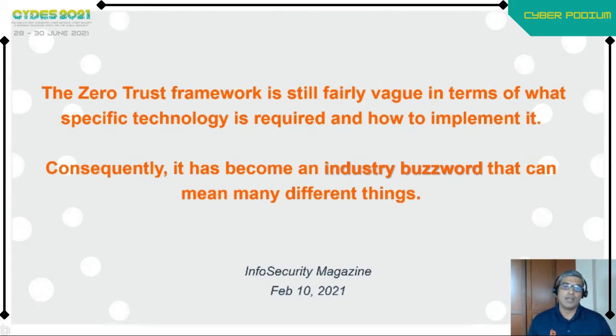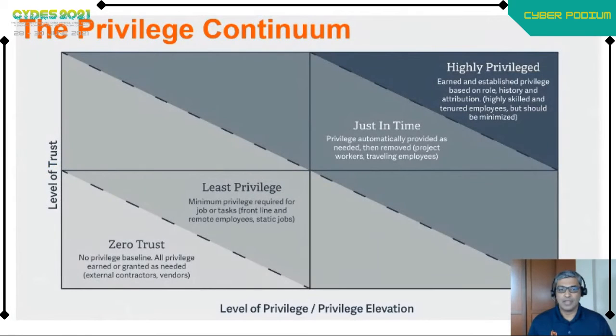And the big challenge that you have is that within any enterprise, you would have what we call the privilege continuum, where users' access can evolve from the highly privileged, where a user has a complete run of the system or the application in question, to where an application would support the principle of zero trust, where you can granularly define users' access as well as granularly control and monitor that access.